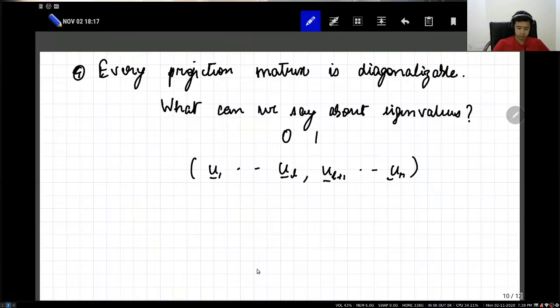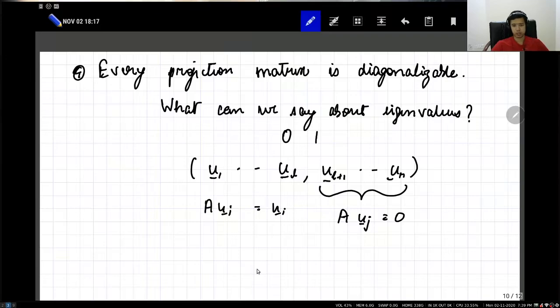We know that for every vector in the column space, A times ui is equal to ui. So this has eigenvalue 1, and for every vector in the null space, A times uj is equal to 0, which is 0 times uj. Right? So the eigenvalues are either 0 or 1.